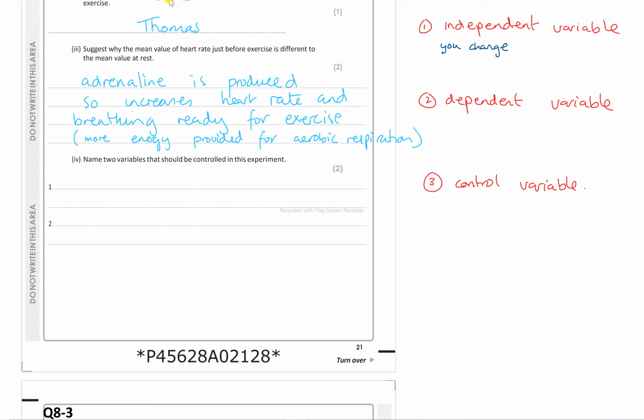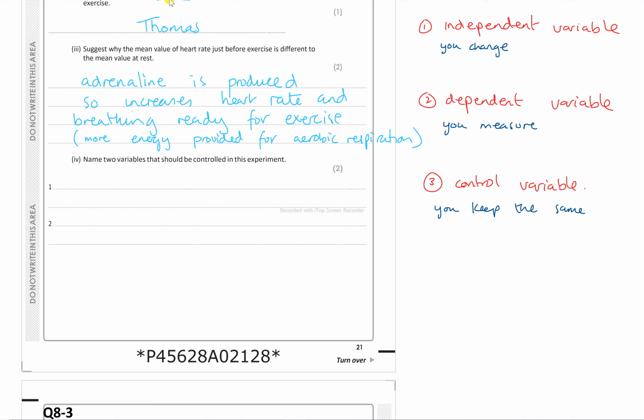It's the variable you change. Dependent variable is the one that you measure because of the change, and control variables are the variables you keep the same, right, to make sure the tests are fair.